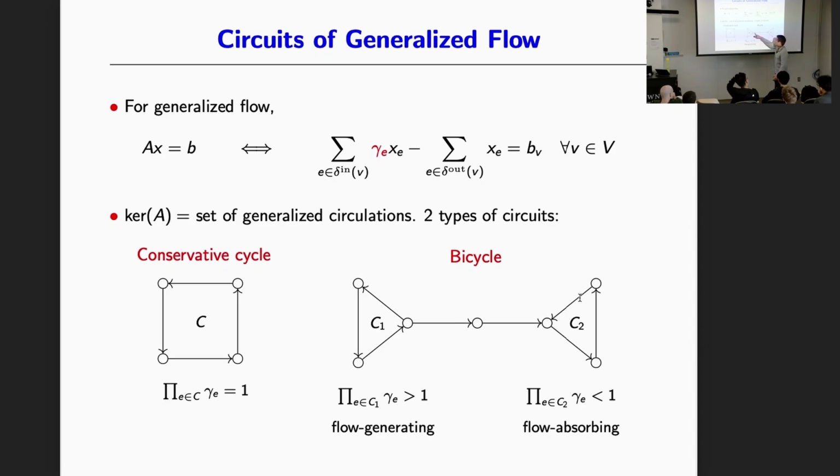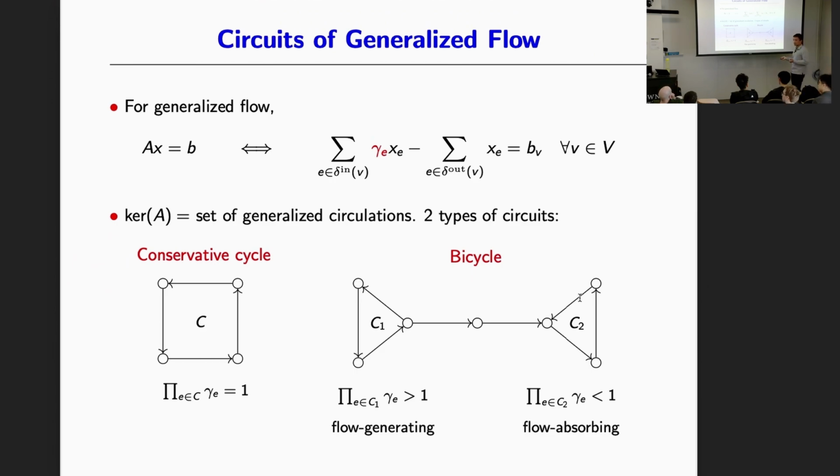So you shift it along a path to a flow absorbing cycle, a cycle whose product of gain factors is less than 1. When you push flow around this flow absorbing cycle, you end up with less than what you had. So by pushing it around infinitely many times, you can destroy this excess completely. So these are essentially the two types of circuits we have.